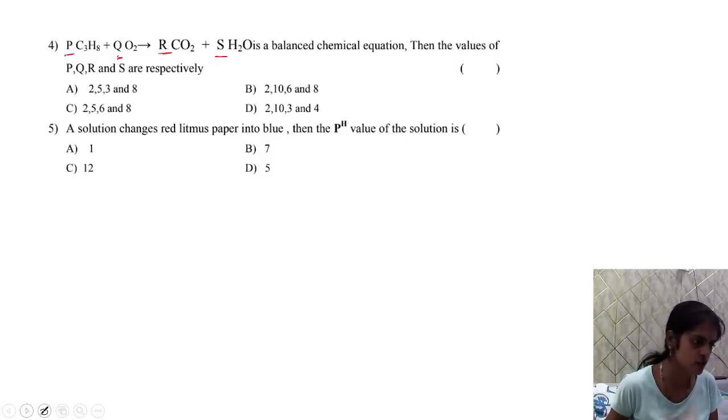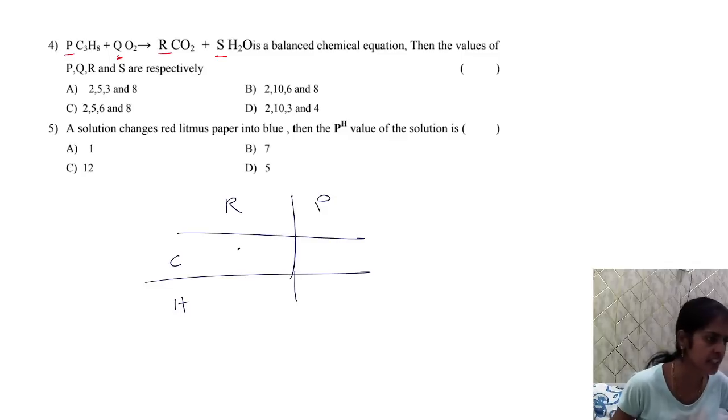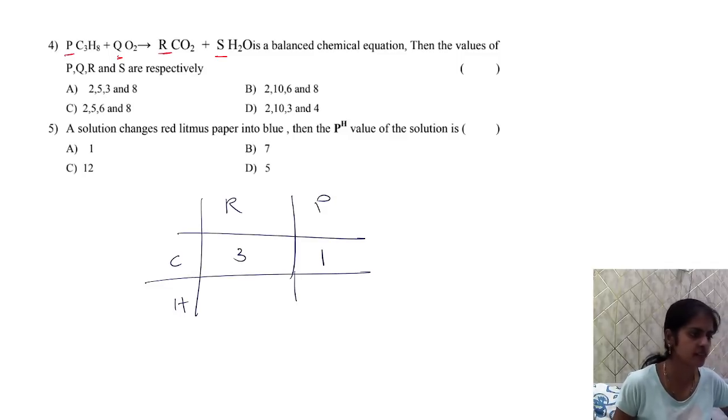Let us balance it. Reactant side, product side. Carbon: reactant side you have 3, and product side you have 1. Hydrogen: you have 8 here, product side you have only 2.